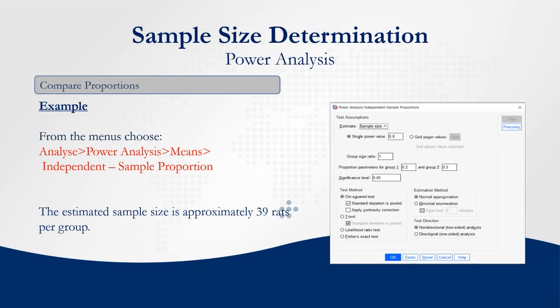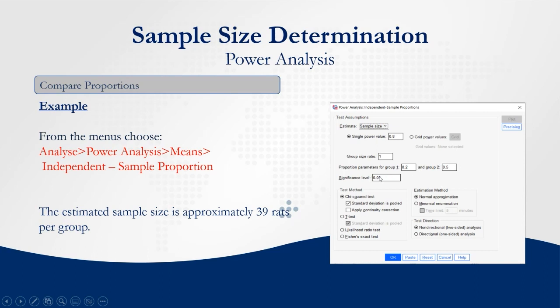So in SPSS, as I've said, you go to analyze, power analysis. There are means, but now it's proportions. We are comparing proportions. So you'll specify the power, the ratio, and then the proportions that have been given: we had 20% and we had 50%.